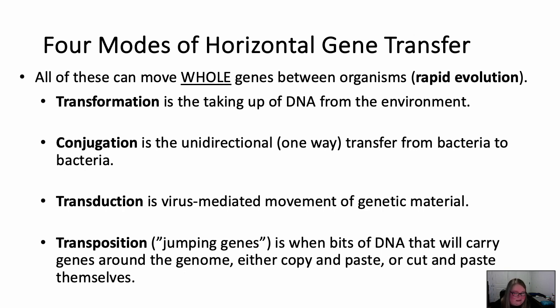So we have viruses that can infect bacteria, and they can actually move genes between different bacterial species. And we'll talk about this. And then finally, we have the good old jumping genes. We have what's called transposition. This is going to be those mobility elements. So we're going to see genes move from different parts of the genome. Okay, they can do this by either copying and pasting themselves or cut and pasting themselves out.